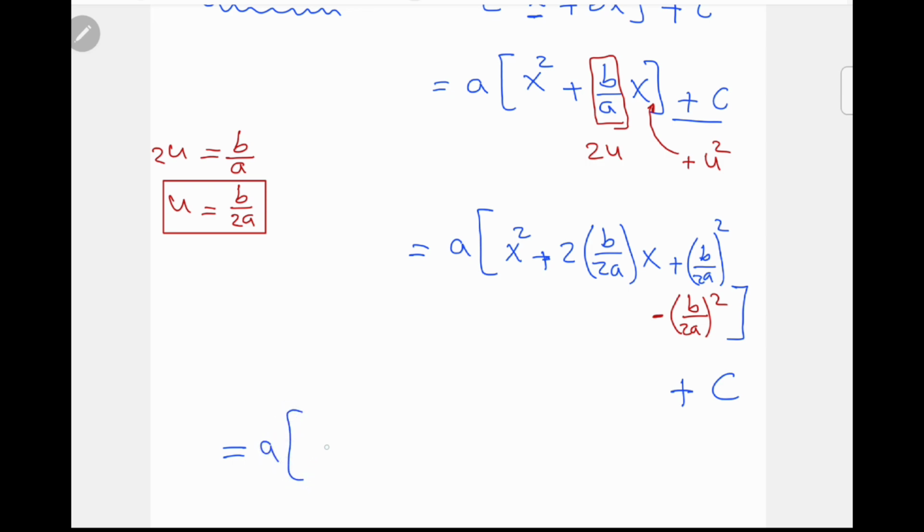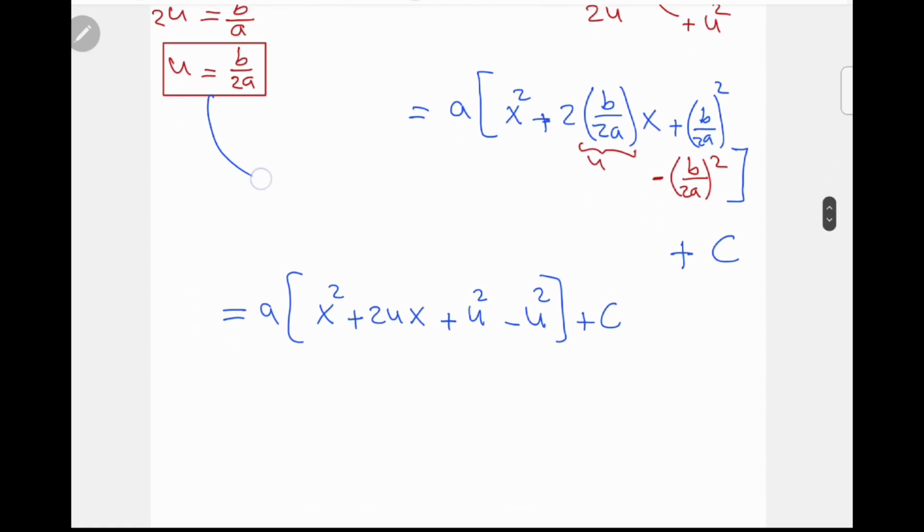Let me just rewrite it again. I have a times x squared plus 2ux plus u squared minus u squared, plus c. That's how it looks, where u is just b over 2a.